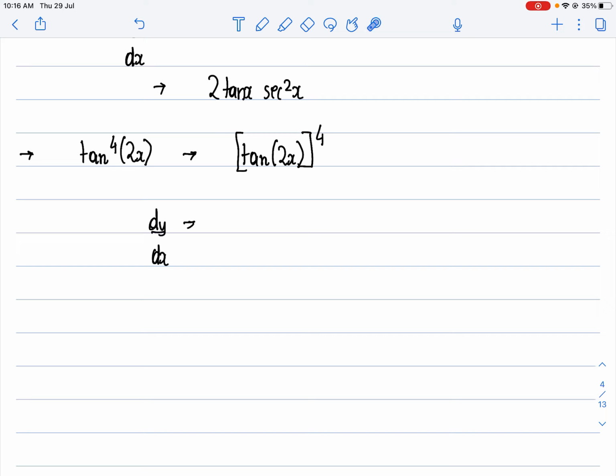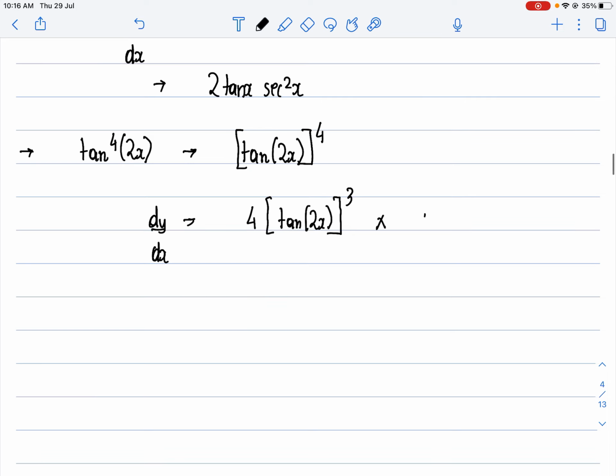So first I write this as 4 tan 2x, the inner function as it is, raised to 4 minus 1, which is 3, multiplied by the differentiation of the inner function. So the inner function first is tan. So the differentiation of tan is sec square. So I write this as sec square 2x multiplied by the differentiation of the innermost function, which is the differentiation of 2x, which is 2.